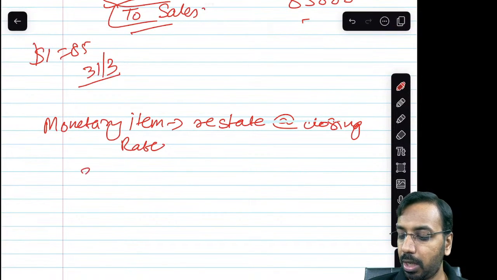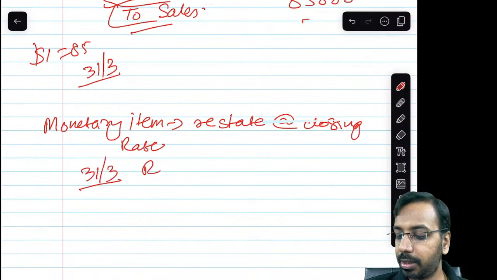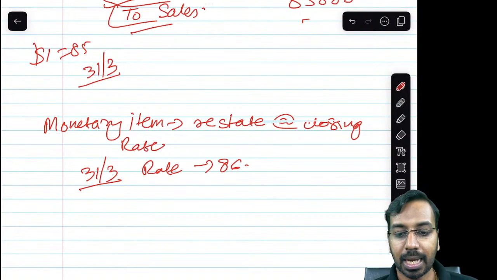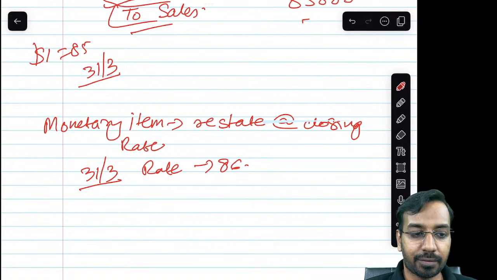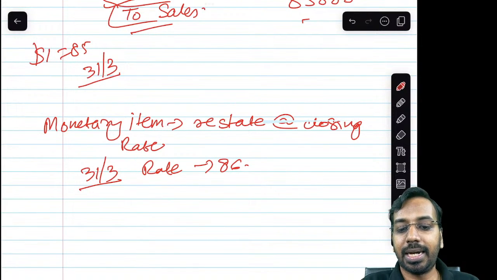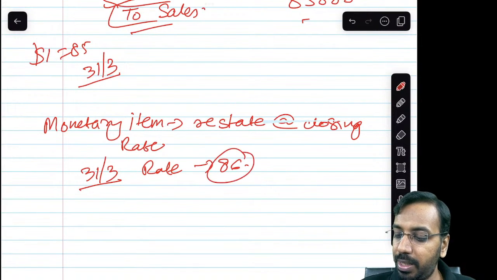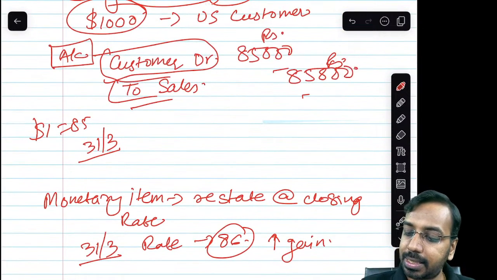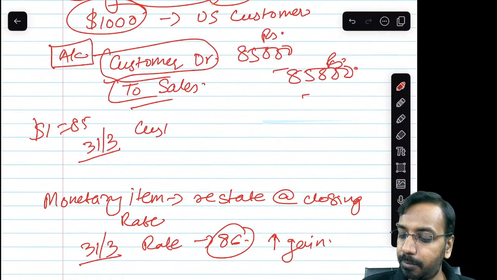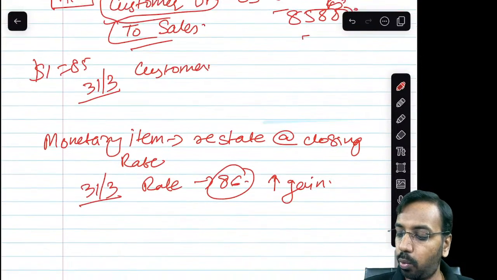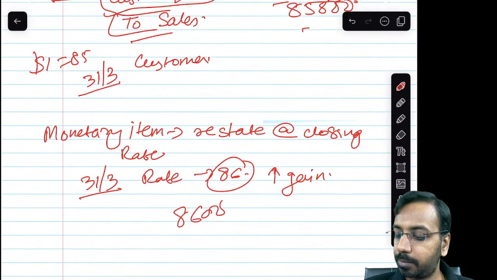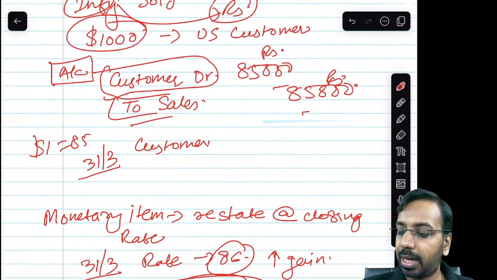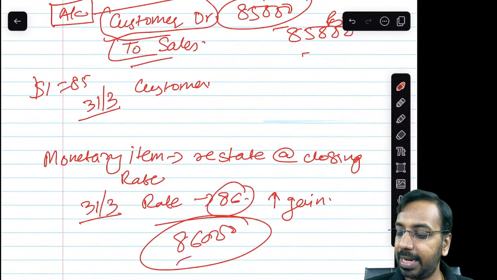So let us say on 31st of March, the rate of exchange is 86. I sold when the rate was 85. I have to receive when the rate is 86, which means there is a gain. So what the standard says is, this customer is now worth 86,000. I recognize at 85,000, it is 86,000.